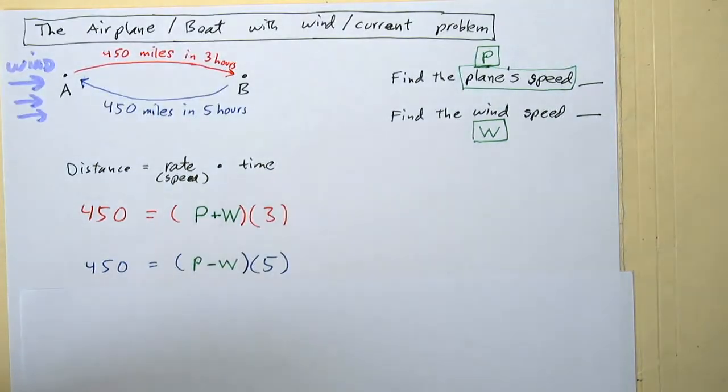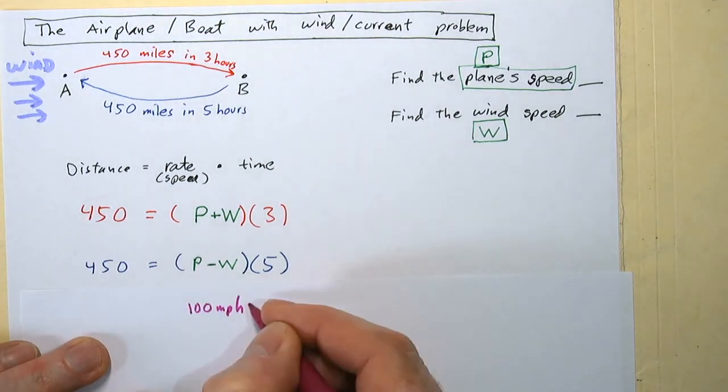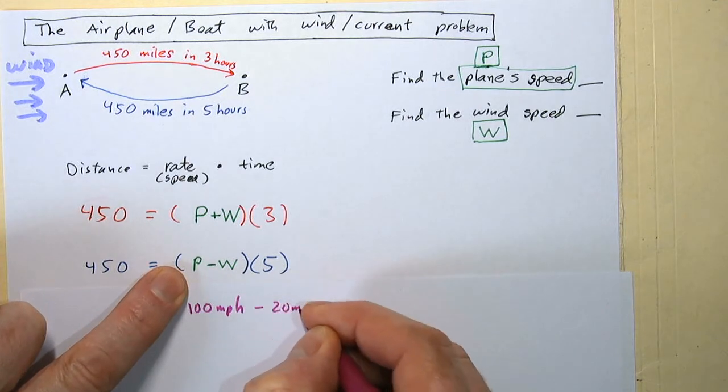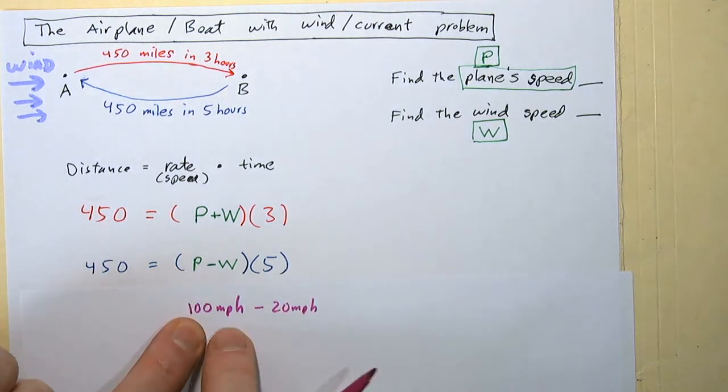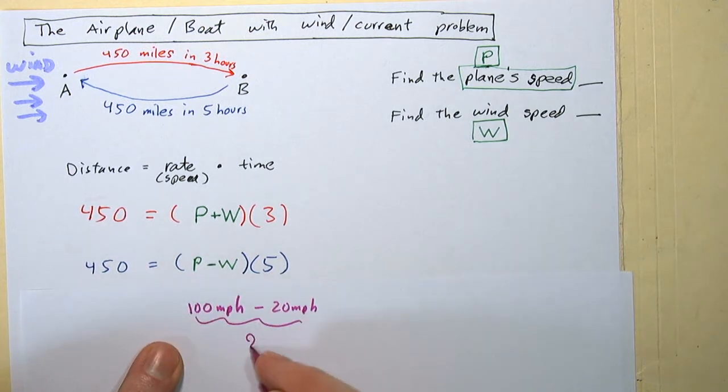For example, if you're a little confused on that, let's say the plane speed was 100 miles per hour and the wind was 20. He's trying to fly 100 miles per hour, but the wind's slowing him down to only 80. Is 80 times 5 equal to 450? No, it isn't.